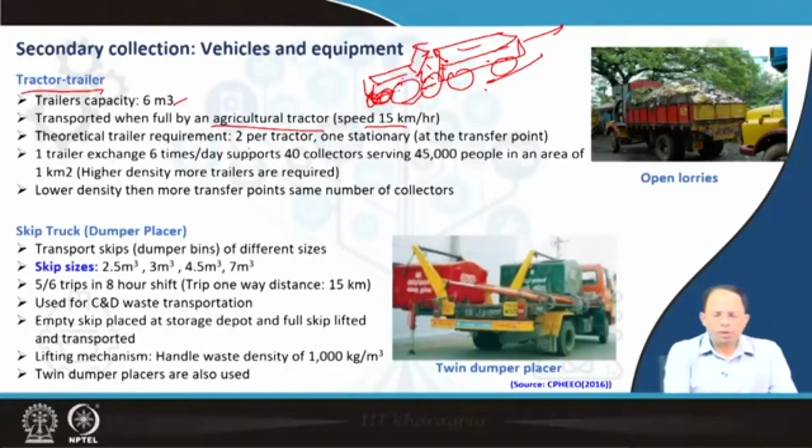Theoretical trailer requirement is 2 per tractor, one stationary at the transfer point as we have just discussed, and the other is being transported to the landfill site. This can vary, but we can say that one trailer can be exchanged 6 times a day. It can support at least 40 waste collectors for primary collection, serving around 45,000 people in an area of 1 square kilometer.